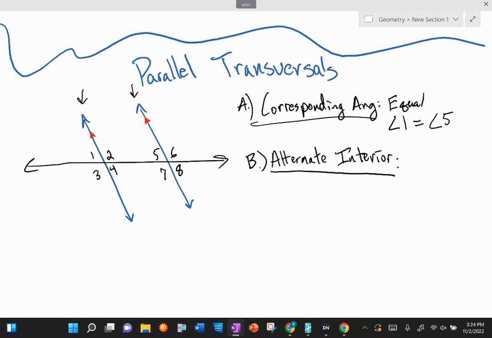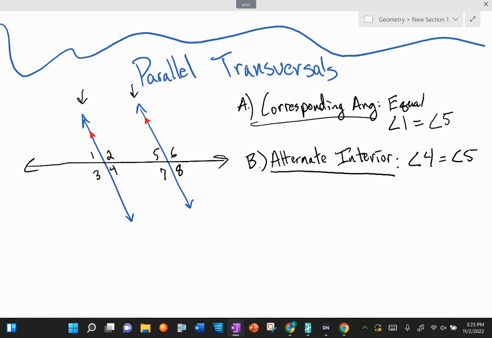Okay, so 4 and 5 are alternate interior. Okay, so what do we know about their angle relationship? They should be equal as well. Angle 4 will be equal to angle 5. So now the measurement to just one angle, like angle 5, will give you the measurement for angle 1, which will also give you the measurement for angle 4, and you might even have some others.